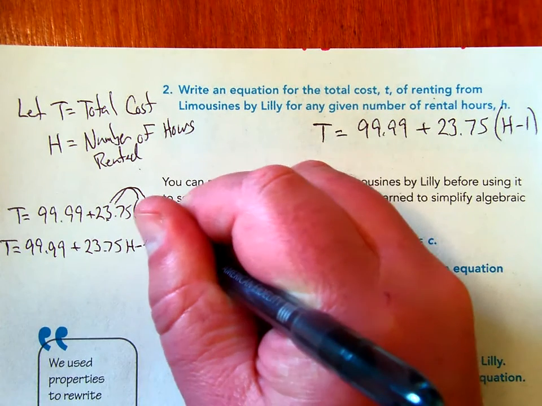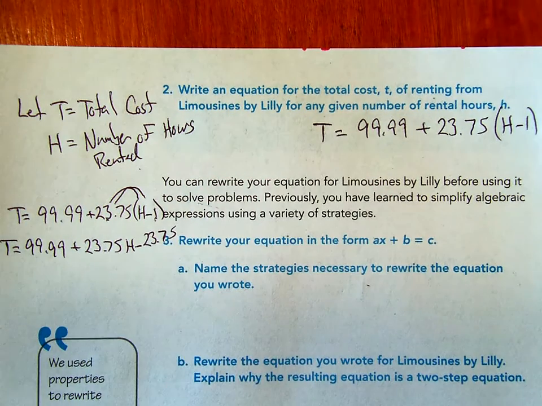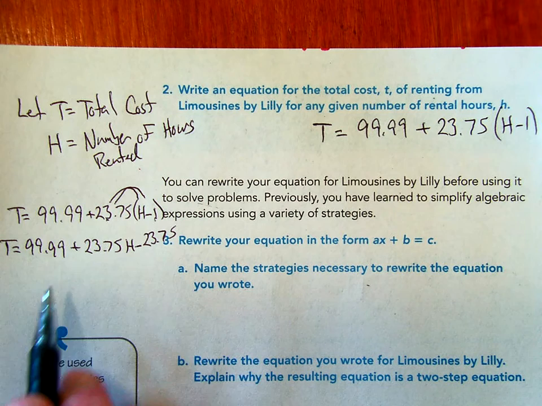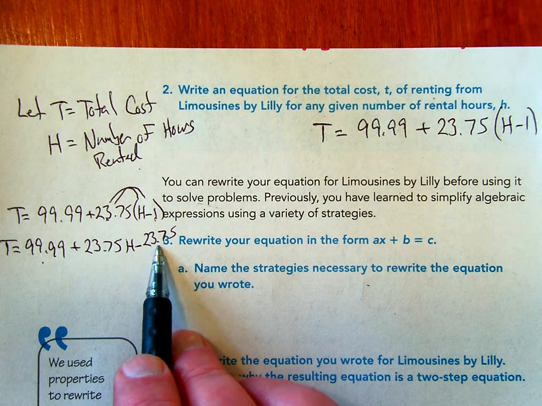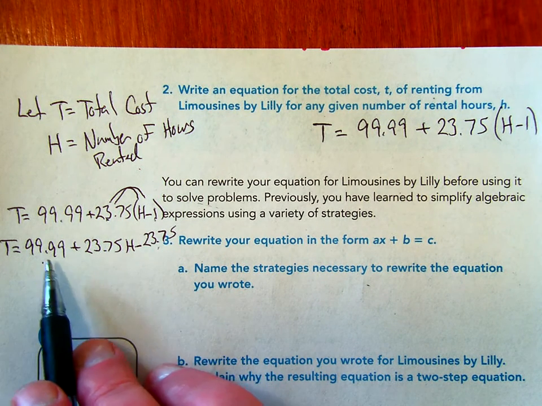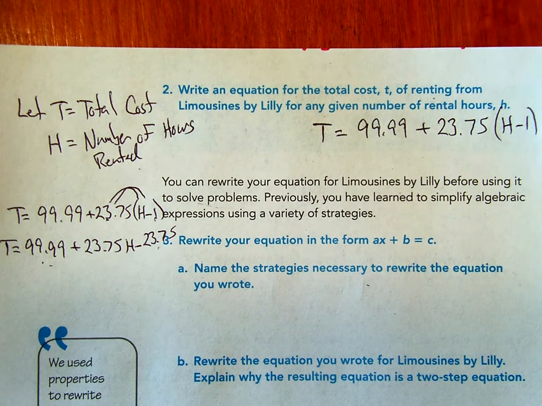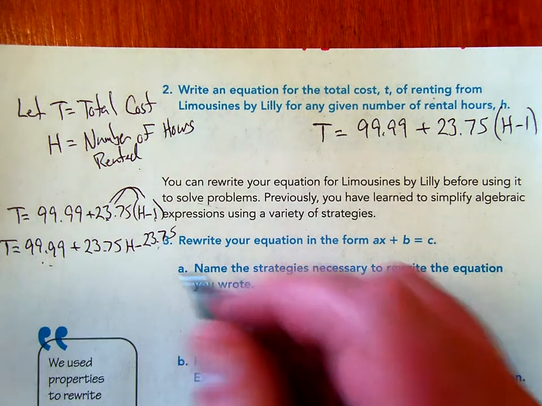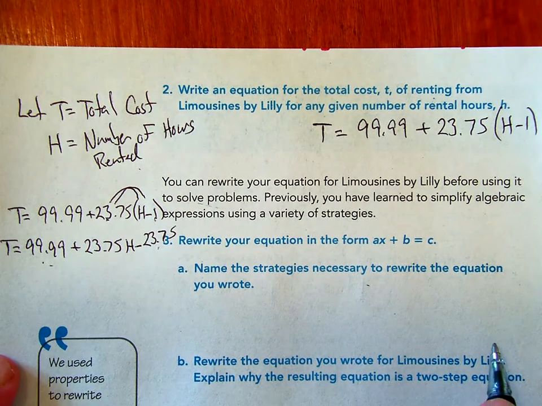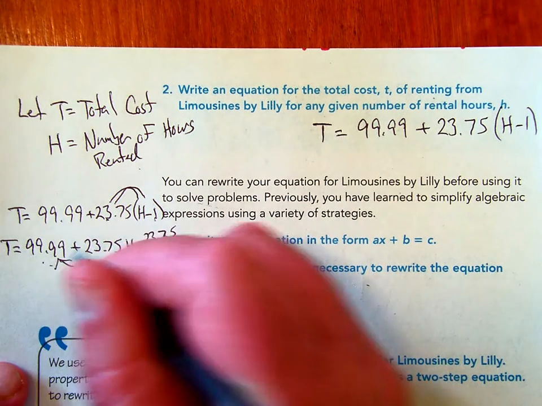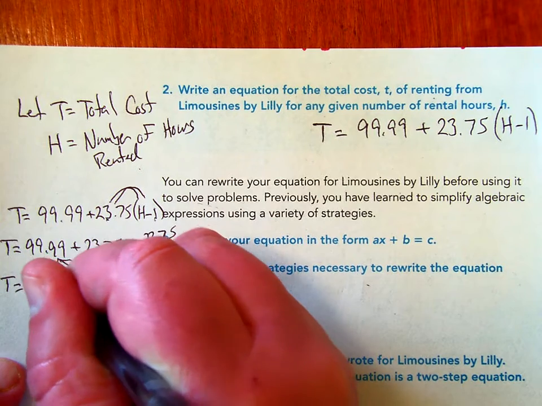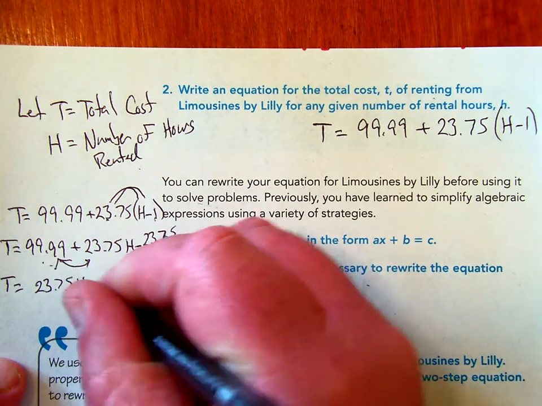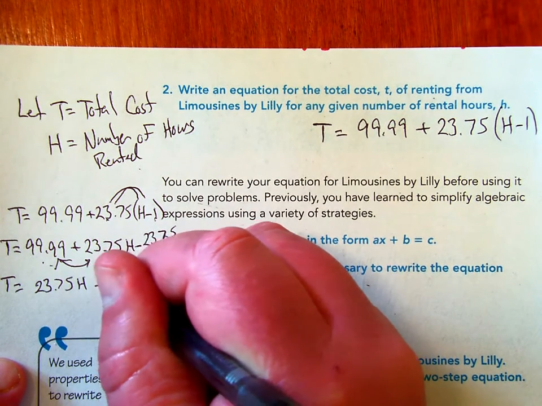Well, on this side of the equation, I need to combine like terms. I've got 99.99, and I've got a negative 23.75. When I combine those, what is 99.99 minus 23.75? Well, before I do that, I should probably commute these two. So I'm going to rewrite this as T equals 23.75 times h, the number of hours, plus 99.99 minus 23.75.